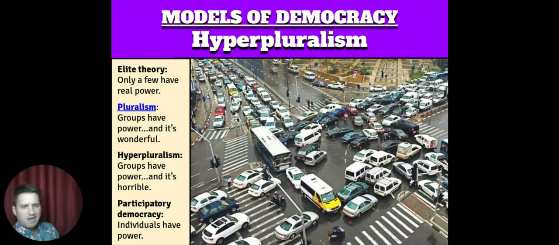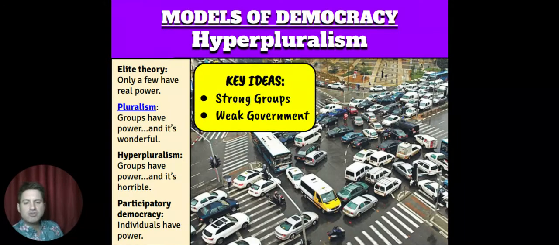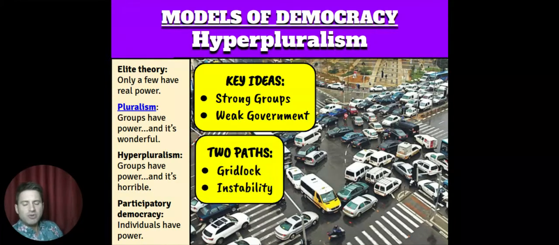Hyperpluralism, as this traffic jam might illustrate, says, yeah, a lot of groups get heard, but it's kind of terrible. Key things to think about. Hyperpluralism says strong groups lead to a weak government and that's bad. That in fact, as a result of those strong groups influencing government, we either get gridlock, which is another term for this traffic jam, everything locks up and nothing gets done.